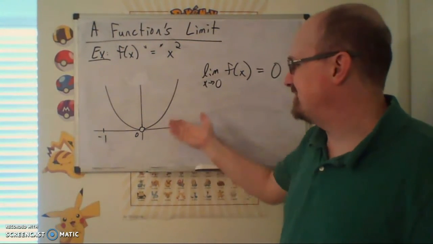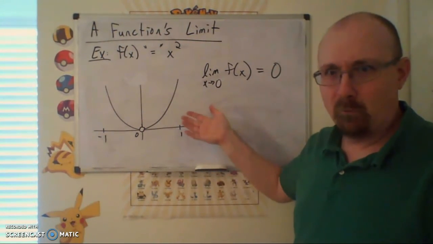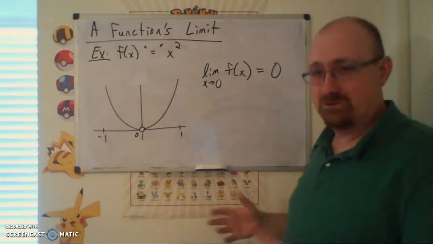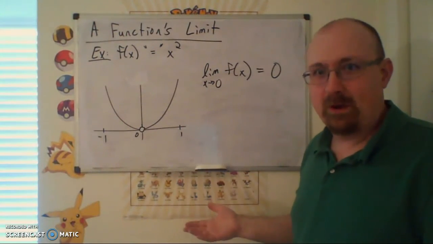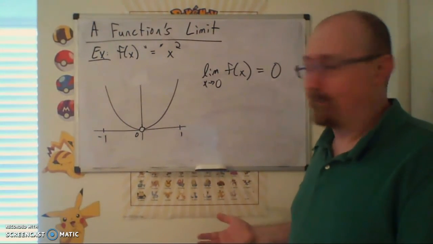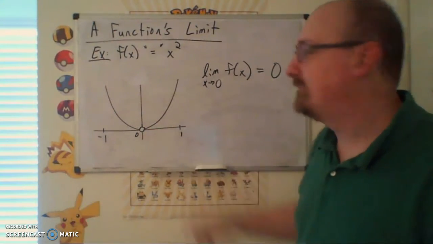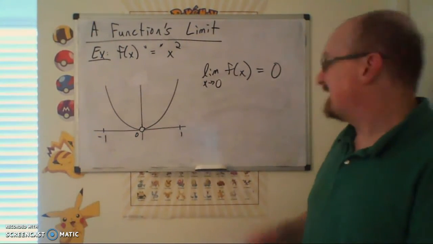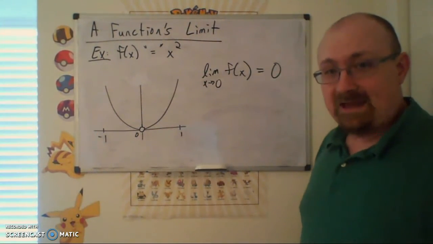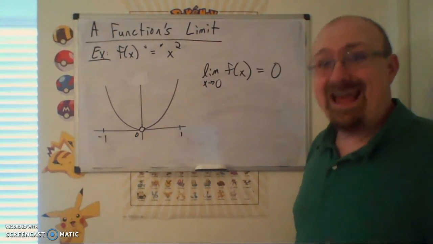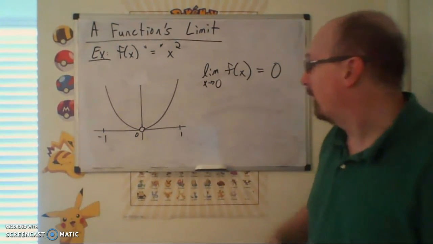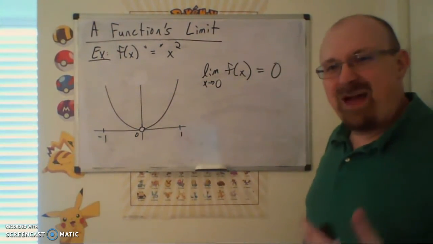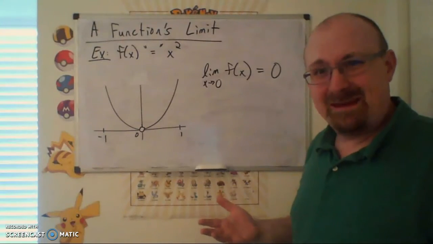You could technically imagine this as x cubed over x if you want to play around with it algebraically. That's the x squared quadratic anywhere except at 0, where we've got this hole in the graph. Same principle: the limiting value as x gets close to 0 is still 0.